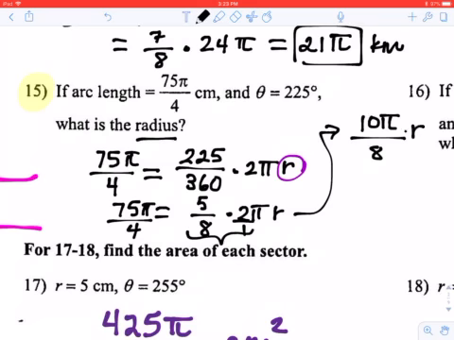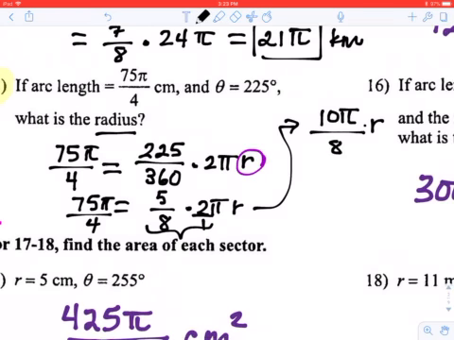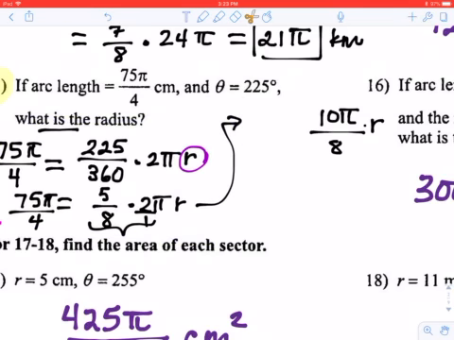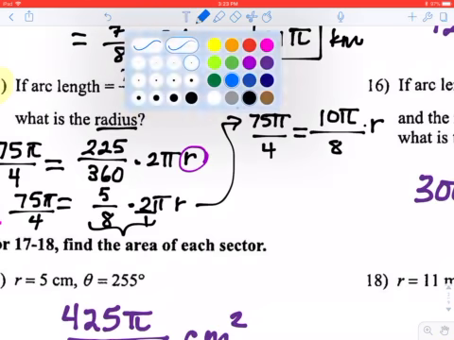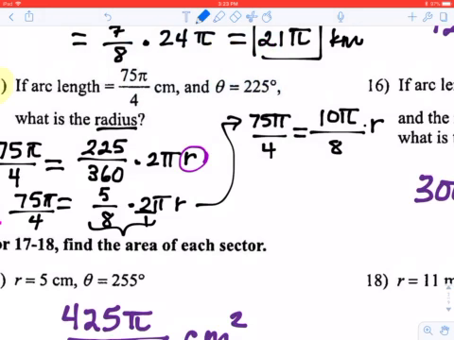And then you have this r here that you're still trying to find. I have to bring down the rest of my equation, because I need 75 pi over 4 equal to that. Something we probably should have done at the very beginning is notice that on both the left and the right sides, we have pi.